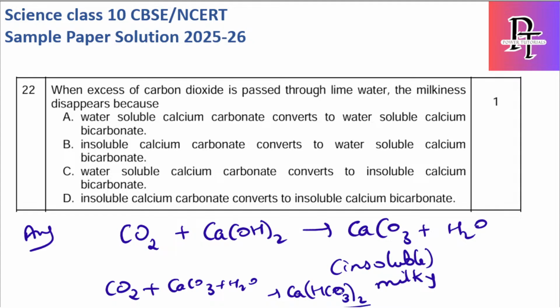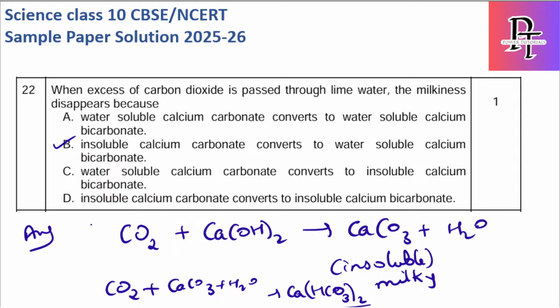This is soluble in water, whereas CaCO3 is insoluble in water. So in this reaction, insoluble calcium carbonate is converted to soluble calcium bicarbonate. Yes, this is correct.